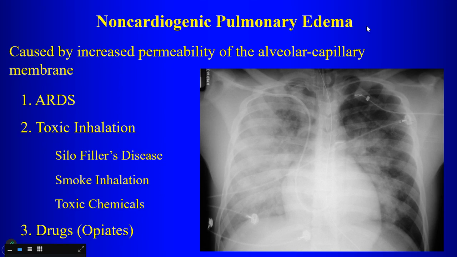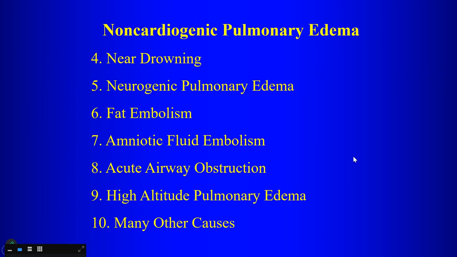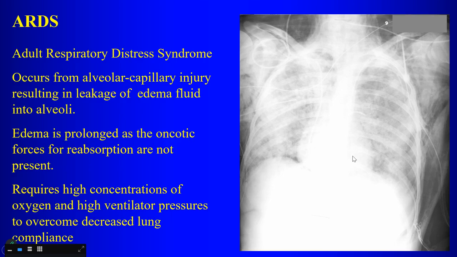Okay. So, causes of non-cardiogenic pulmonary edema. This is usually increased permeability of the alveolar capillary membrane. There are many causes: ARDS, a very common cause, toxic inhalation, opiates, and many other things that can also give you non-cardiogenic pulmonary edema. Starting with ARDS, this occurs from alveolar capillary injury, with leakage of edema fluid into the alveoli.